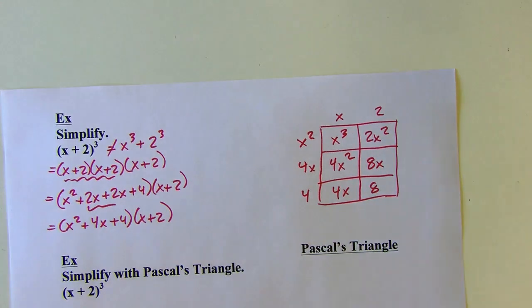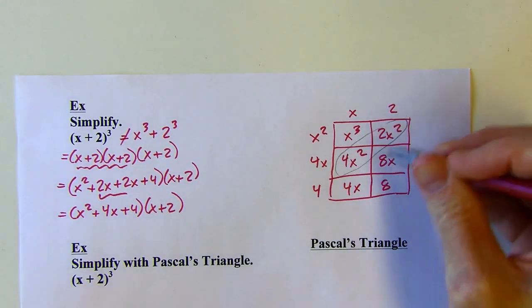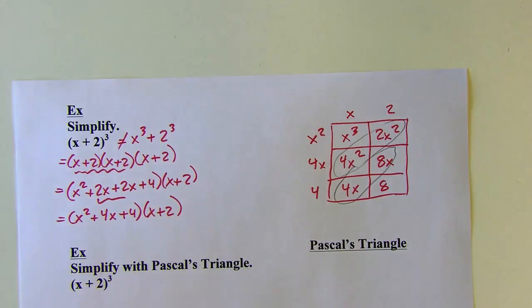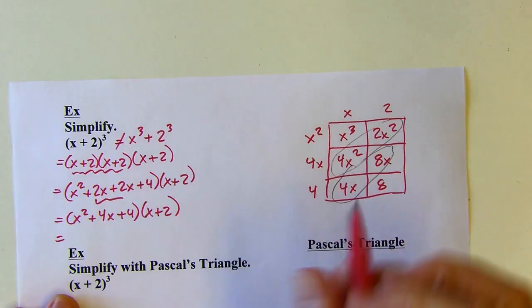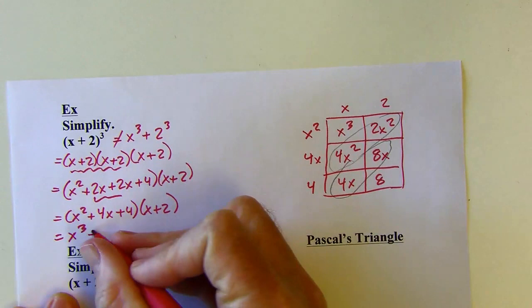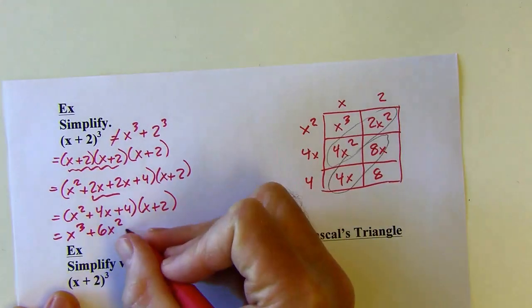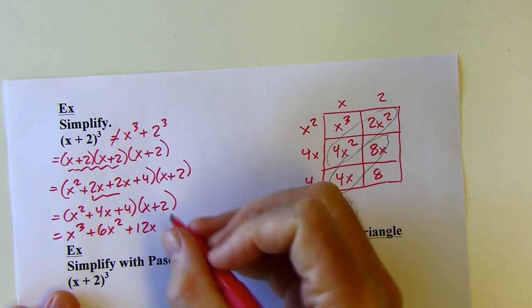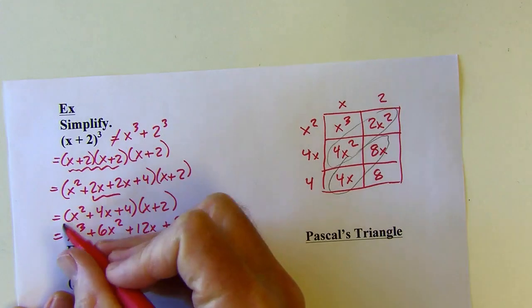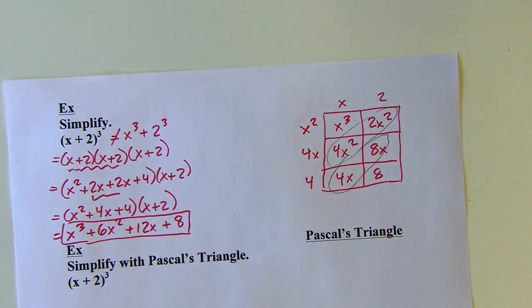Okay, and then I'll start combining all those terms in the boxes, and I've got some like terms on the diagonals again. So let's see, x to the third, got 6x squared, 12x plus 8. Okay, so there we go.